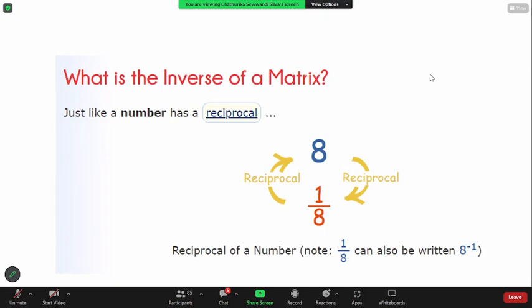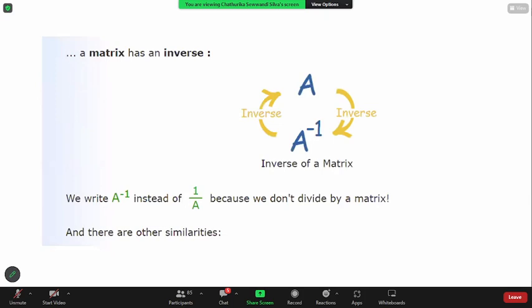When we consider a matrix, we can't just consider the reciprocal; what we consider is the inverse. For a single number we can write 1 over that number, but for a matrix we can't just put the whole matrix under 1 divided by that particular matrix.